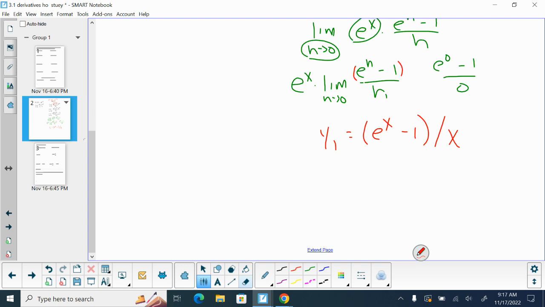I get that it says h, but we don't have an h in our calculator. So I have to do with what I have. So if you type in quantity e to the x minus 1 divided by x, let's go back old school. Let's start putting in values that are getting closer to the value of 0. If x equals 0.1, x equals 0.01, x equals 0.001 as my values. What is y getting closer to?